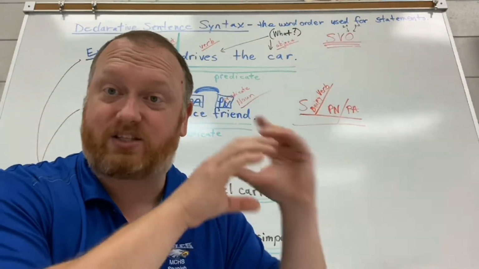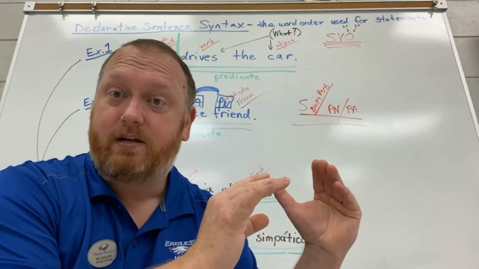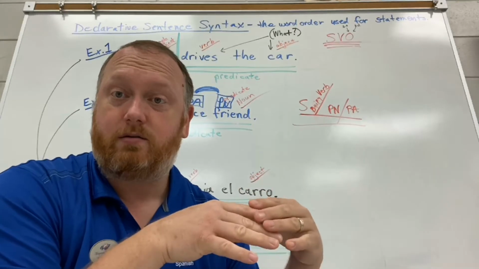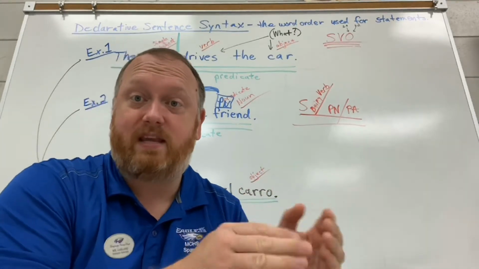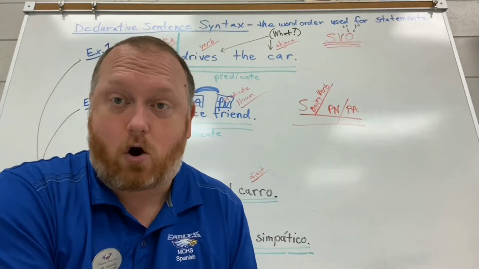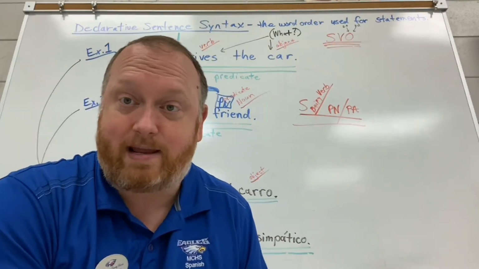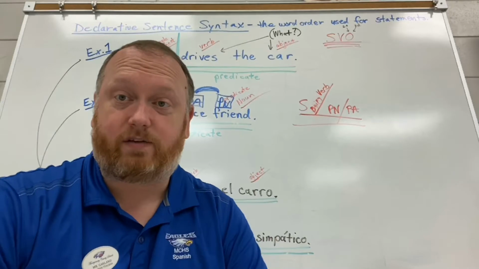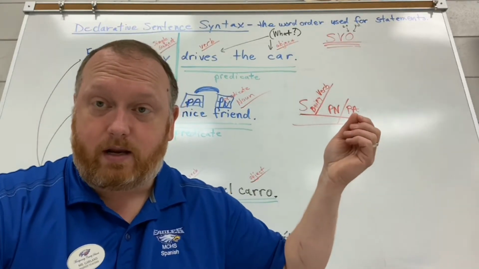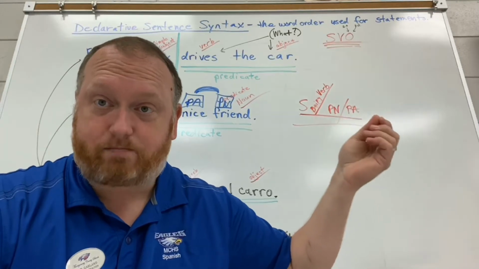The subject has the simple subject, the topic, the noun that the sentence is about, and then any words that describe the noun, like an article such as the, a, or an, or an adjective that describes the noun. That's going to be in the subject part of the sentence.